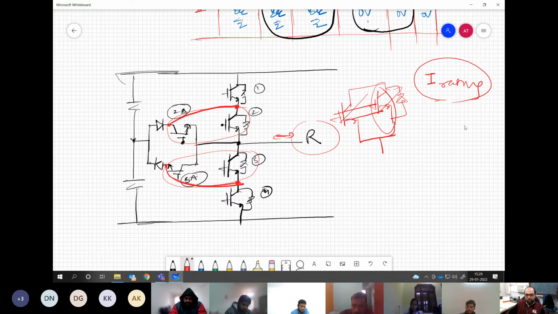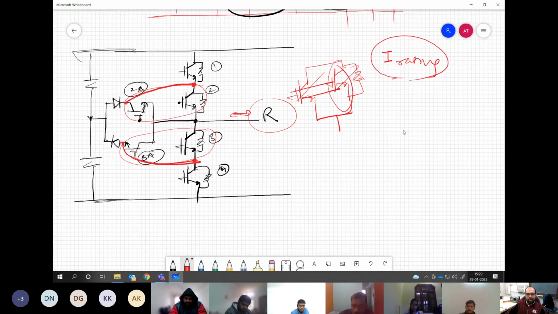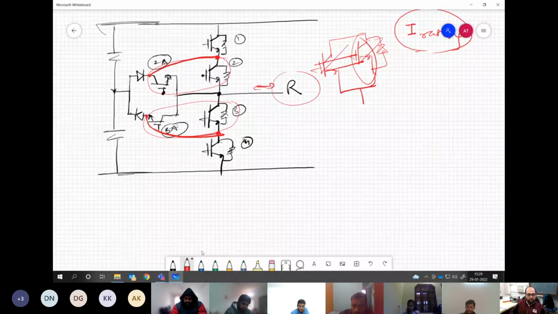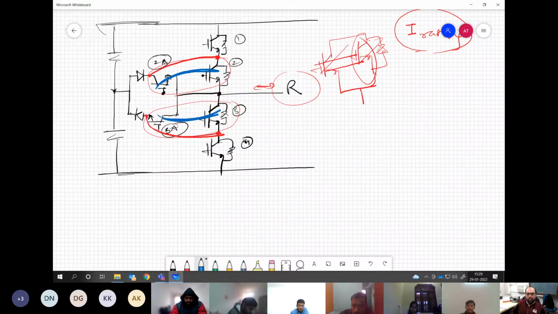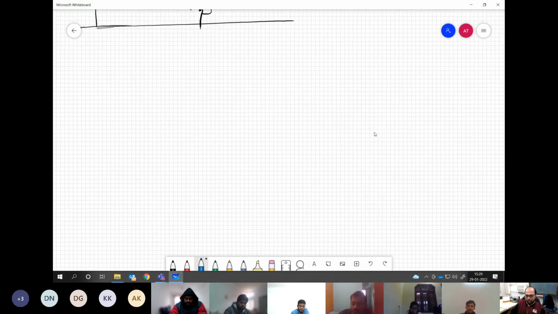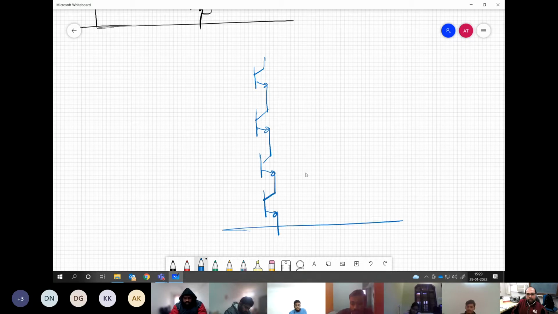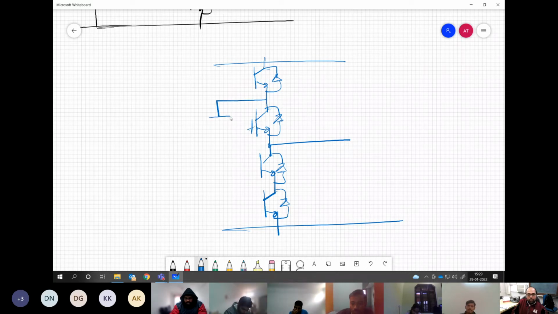So the remaining circuit after this arrangement: this device and this device will get merged, and this device and this device will get merged. And what we will have ultimately is the famous topology, the famous circuit for the 3-level converter, where you have 4 devices in the leg and diode connections coming over here.